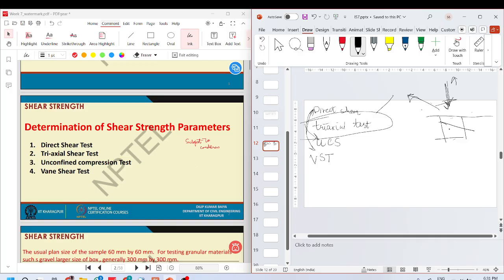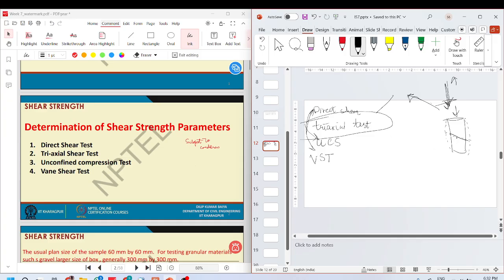Obviously, this is not what happens in a confined specimen. Let's say I take a cylindrical soil mold and I compress it. You will see some bulging here, and then you will see a failure in this direction.